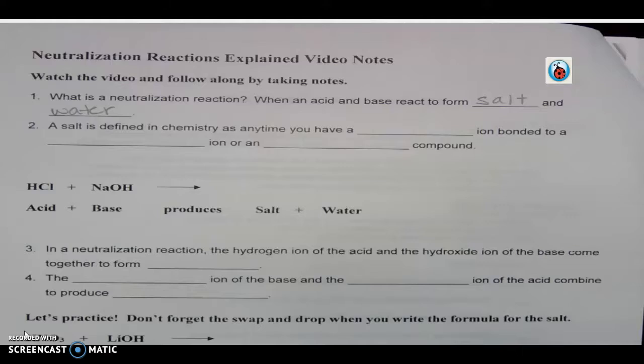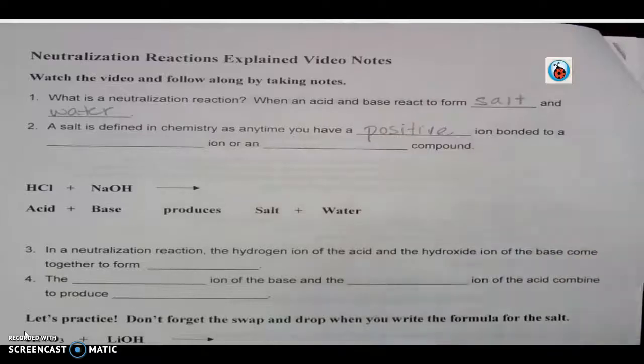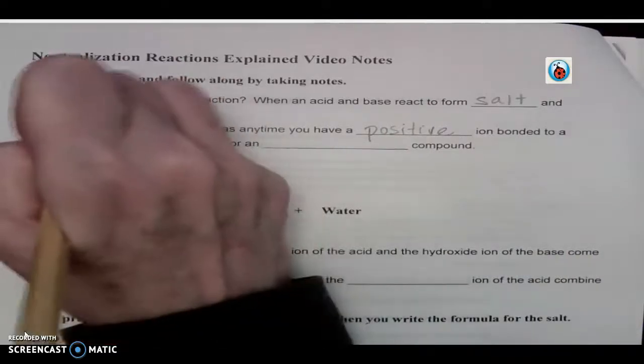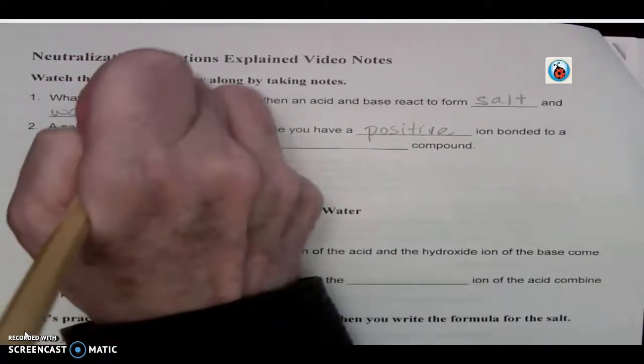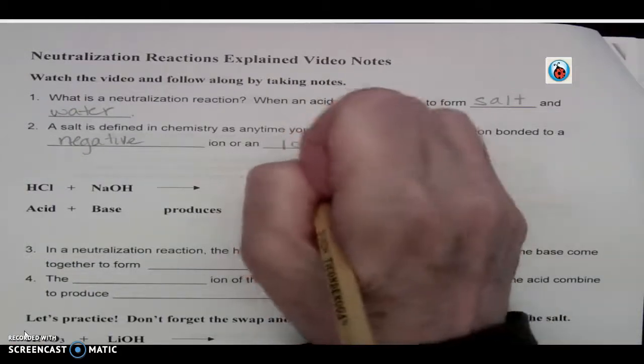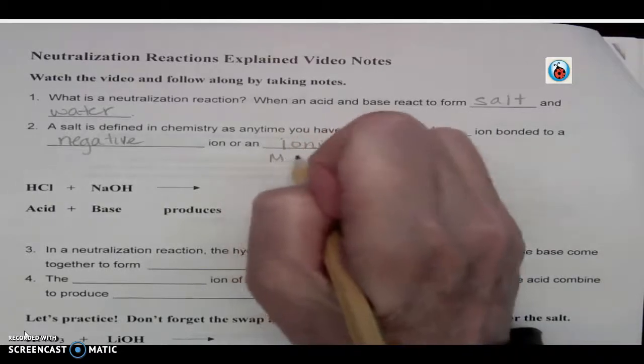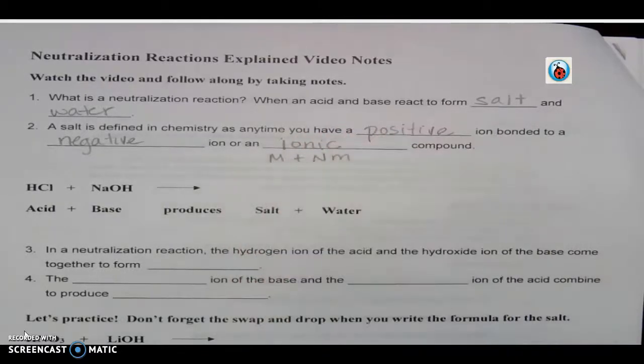It's defined in chemistry as any time you have a positive ion bonded to a negative ion, or what's known as an ionic compound. We know what ionic compounds are: a metal plus a non-metal ion, right?